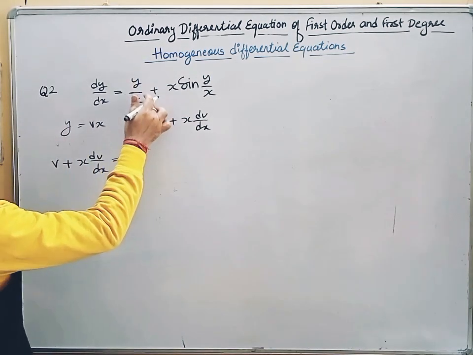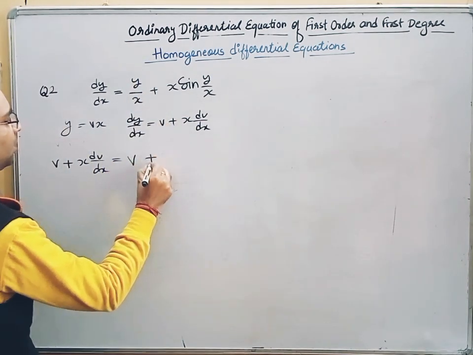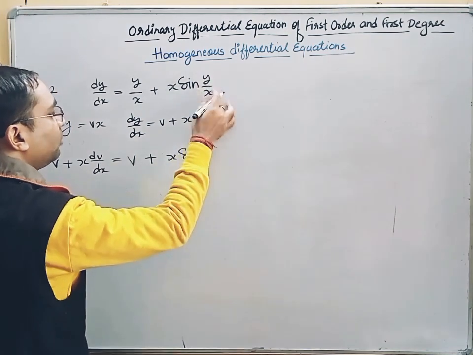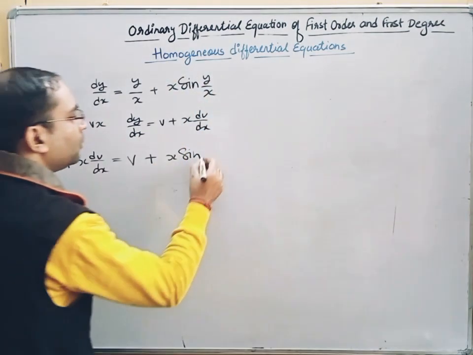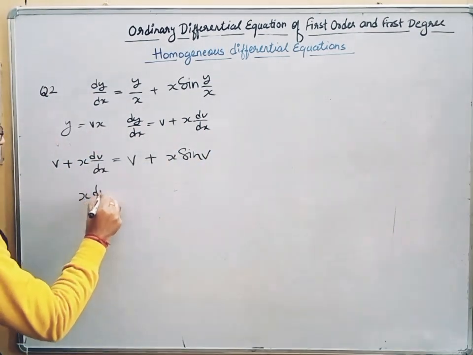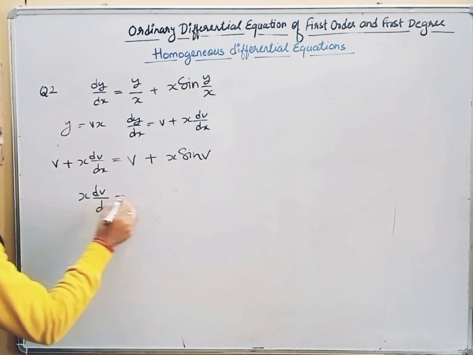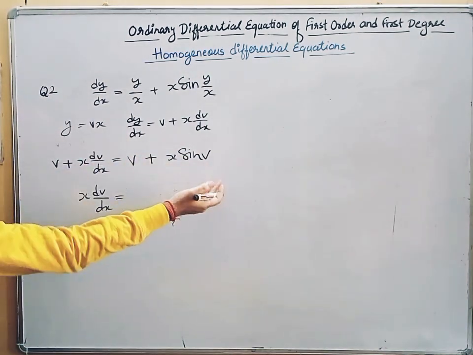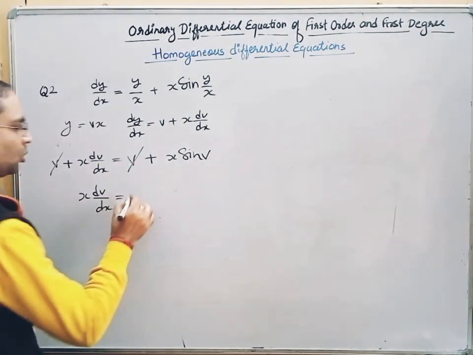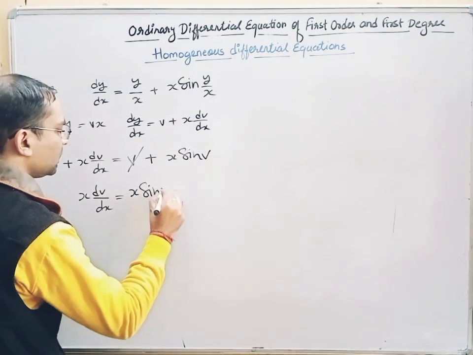So this will be v plus sine of y upon x, which is substituted as v. Now this is x dv upon dx is equal to, we transfer this v to this side, so this v and this v will cancel out, and this will become sine v.